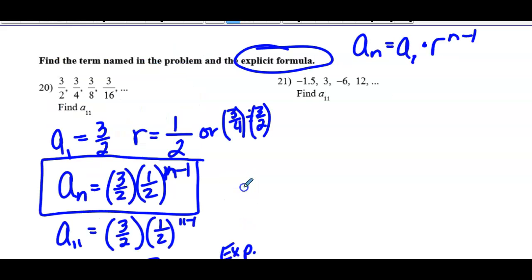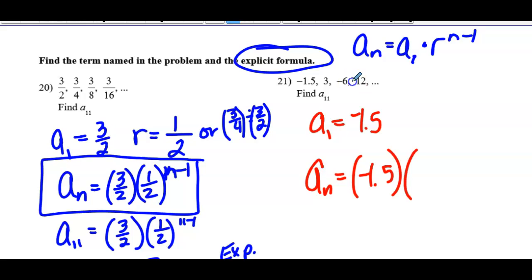Did I skip one? So here, if I do this one with you real quick, a sub 1 is negative 1.5. So our explicit formula would have a negative 1.5 times, appears that r is just negative 2, right?